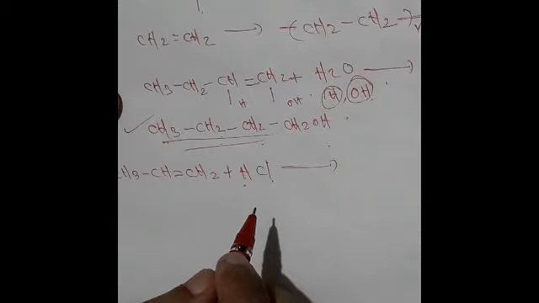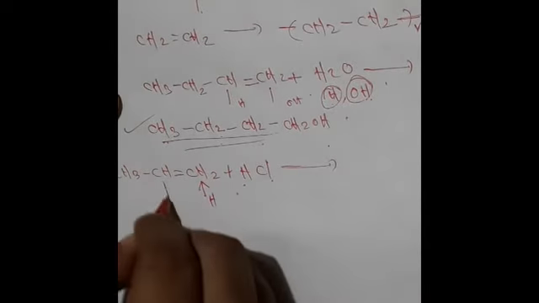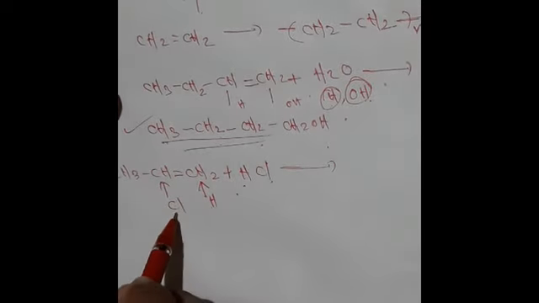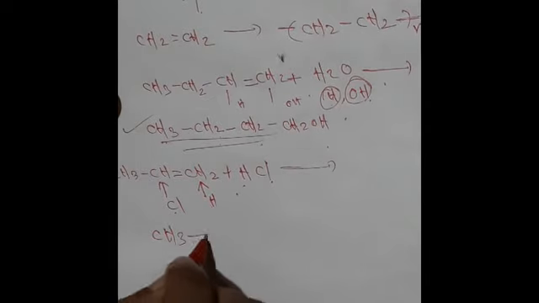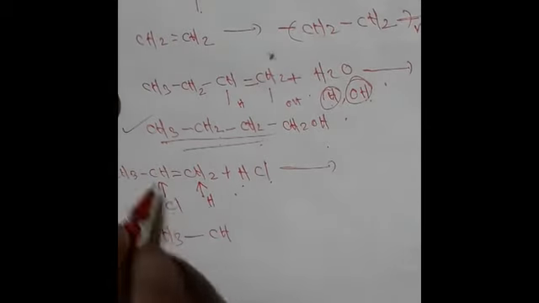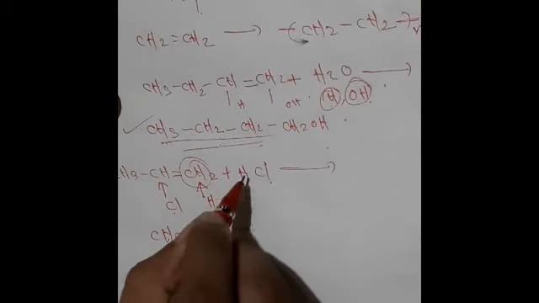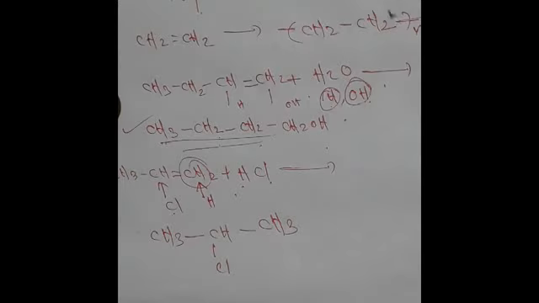So we have to add hydrogen to one carbon and chlorine to another carbon. So this will be the product. The product will be CH3, CH, it was CH, now with chlorine also, CHCl; before it was CH2, we added one more hydrogen, so it will be CH3 CHCl CH3.